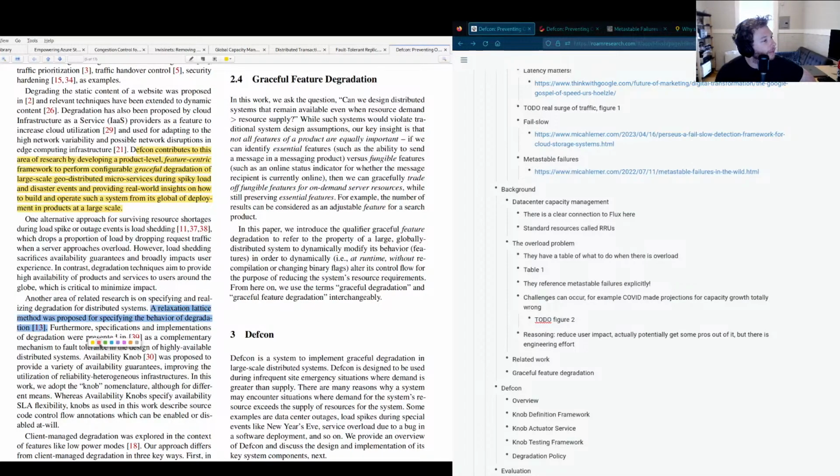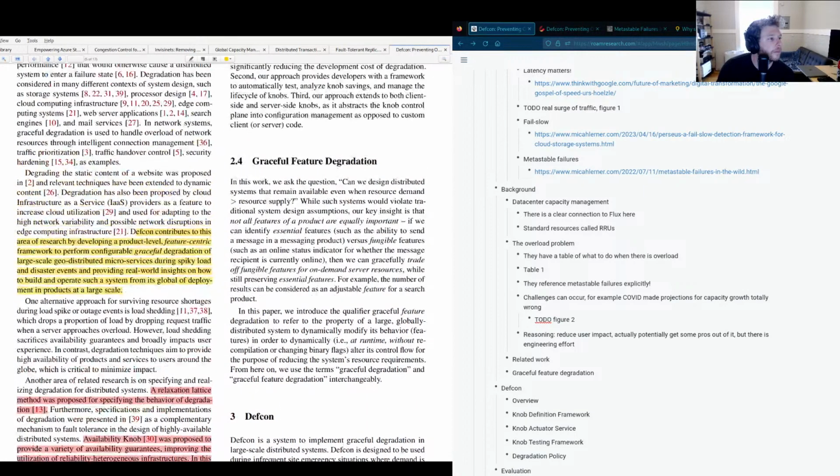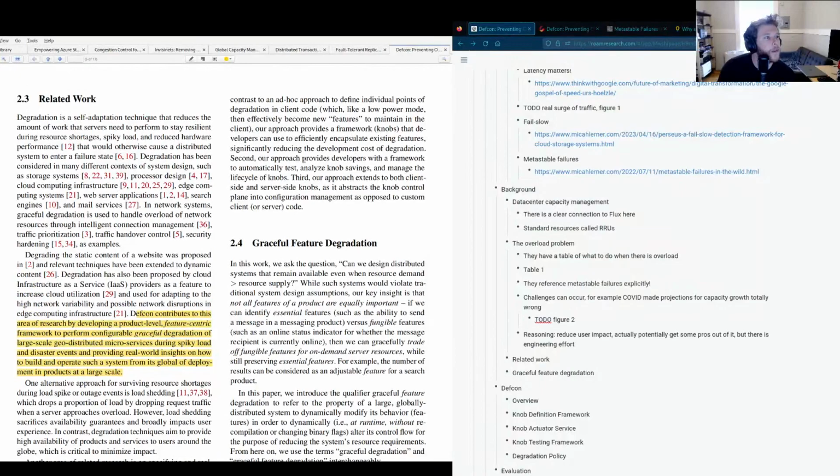Relaxation matrix. So they adopt the knob nomenclature from previous research. Knob control plane into configuration management.